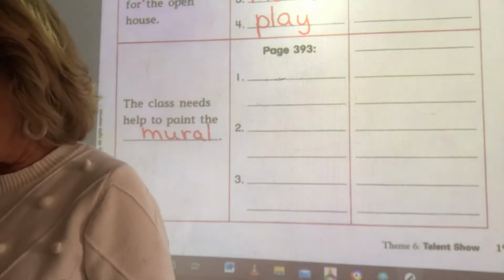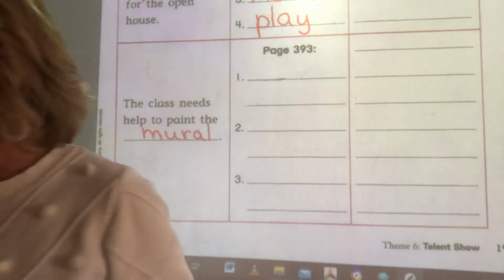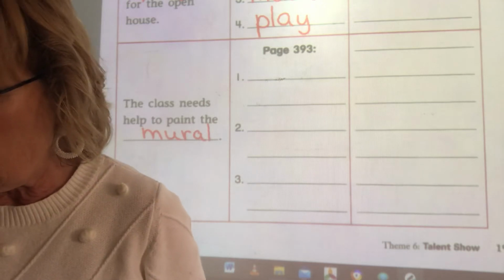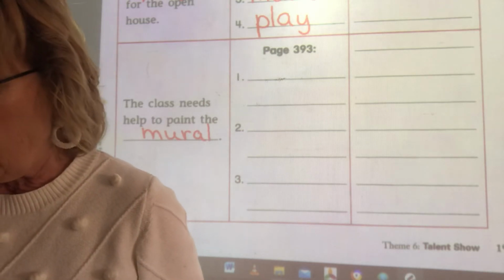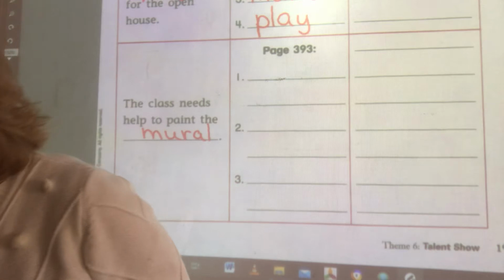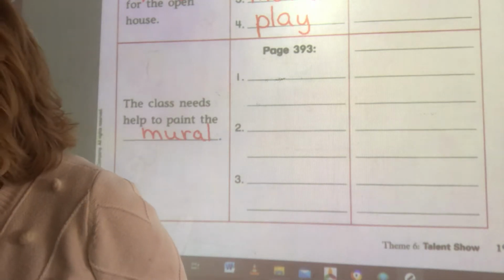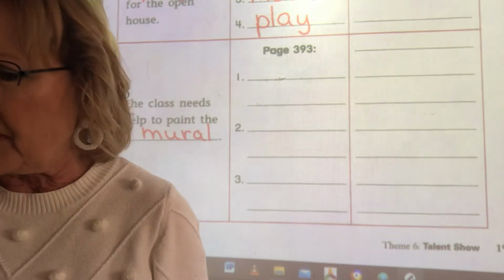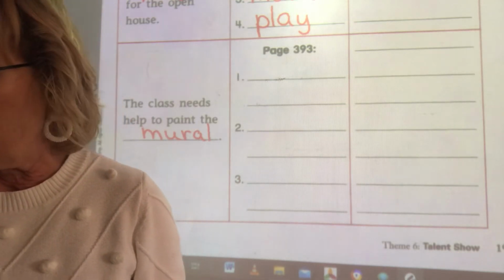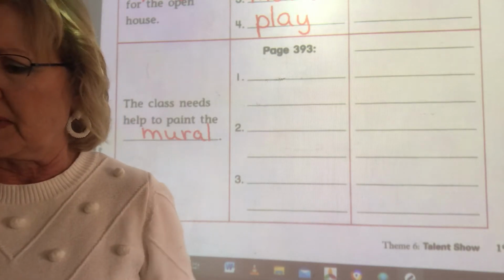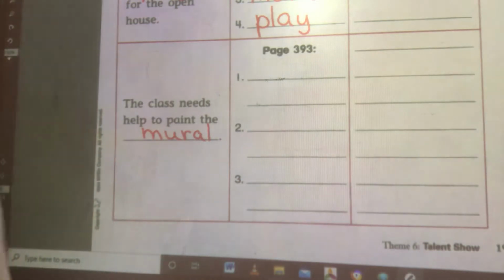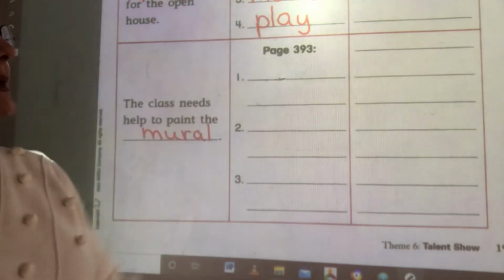And so, let's see if they got this right. On page 393, they had to ask some people for help, right? So, boy. Okay, maybe my book is different than your book. I'm beginning to get the feeling that my book is different than your book. So I could be totally off on that.